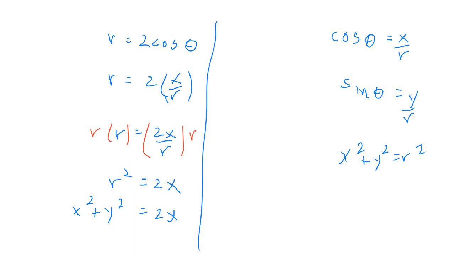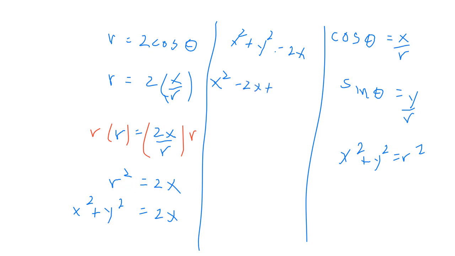All right. So, if x squared plus y squared equals 2x, that means x squared minus 2x plus y squared equals 0.